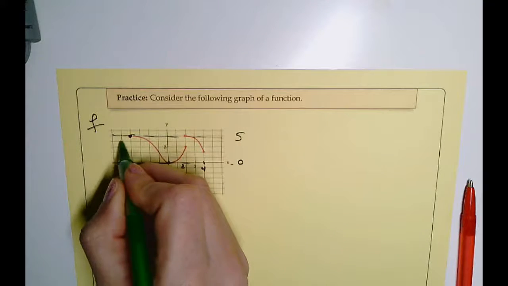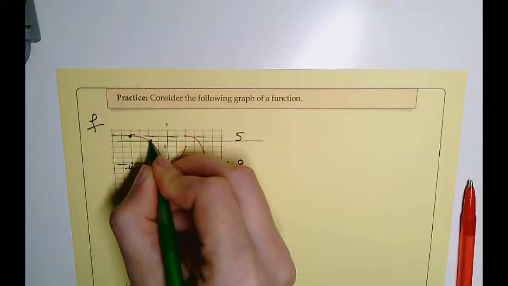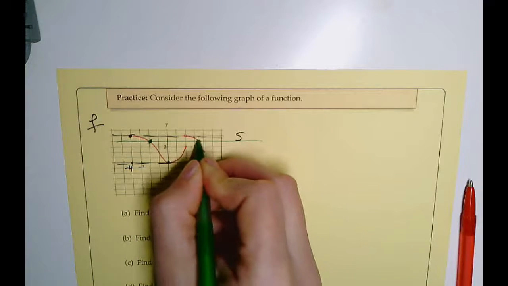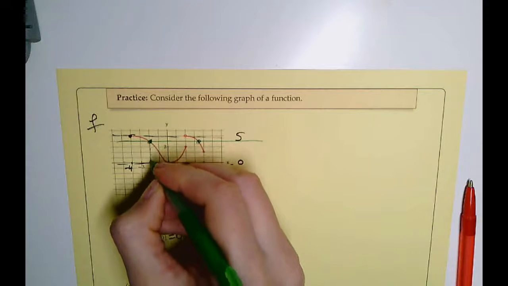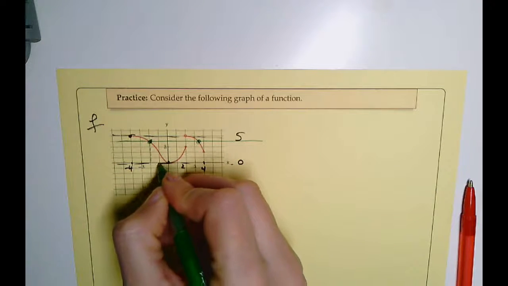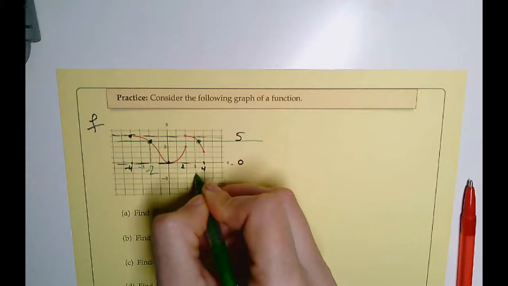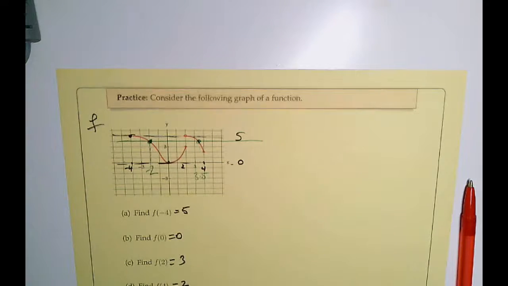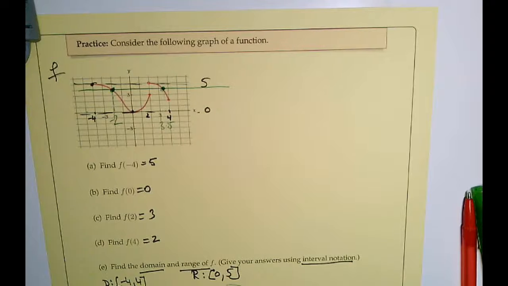I'm going to draw a horizontal line through 4, and this is where it intersects with the graph. So it's for this x value, which is negative 2, and also for this x value, which is approximately 3.5. So it intersects at x equals negative 2 and at x equals 3.5.